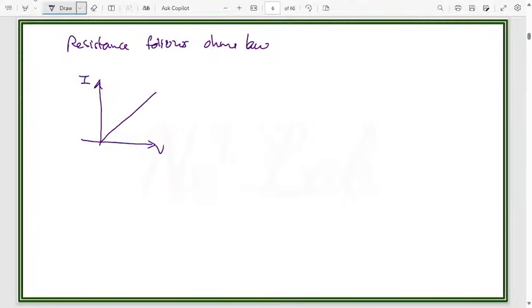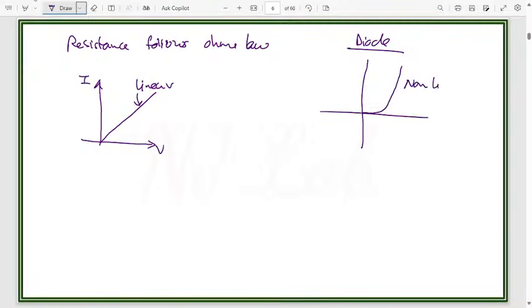Since it is a straight line, we say that it is linear. V is linearly proportional to I, or I is linearly proportional to V. But for the diode, the characteristic is non-linear. In the forward bias it is like this, non-linear, and in the reverse bias it is like this, again non-linear. And since it is non-linear, our diode is non-ohmic.